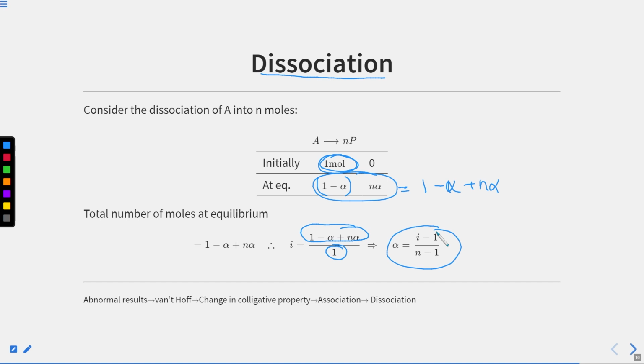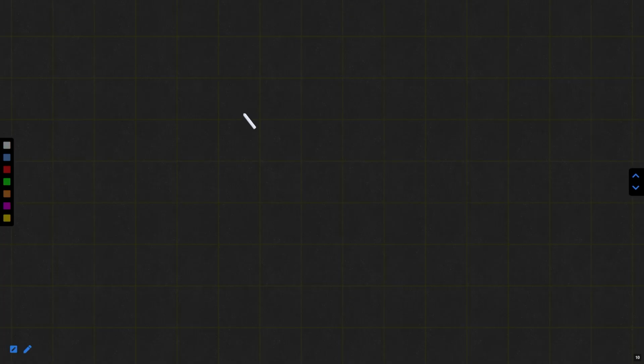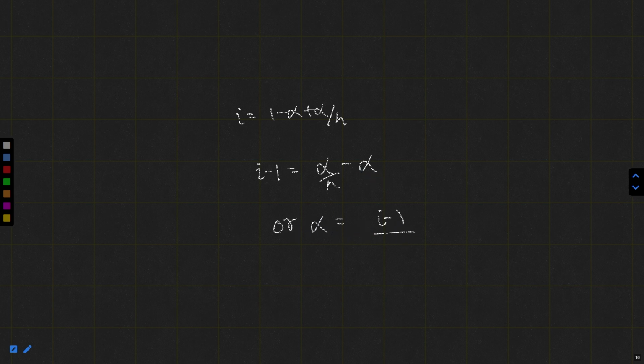If you want, you can simplify the previous formula also for alpha. Suppose the previous formula was I is equal to 1 minus alpha plus alpha by N. So if you want to calculate alpha, it will become I minus 1 by alpha by N minus alpha, or we can write it as alpha is equal to I minus 1 by 1 by N minus 1.